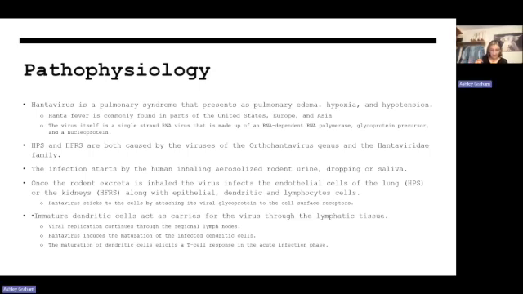The hantavirus induces the maturation of the infected dendritic cells. The maturation of the dendritic cells elicits a T cell response in the acute phase of the infection.